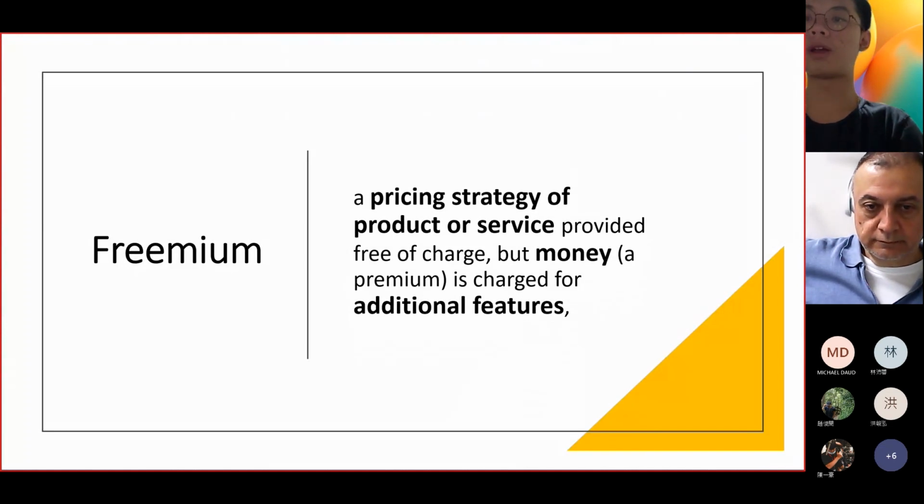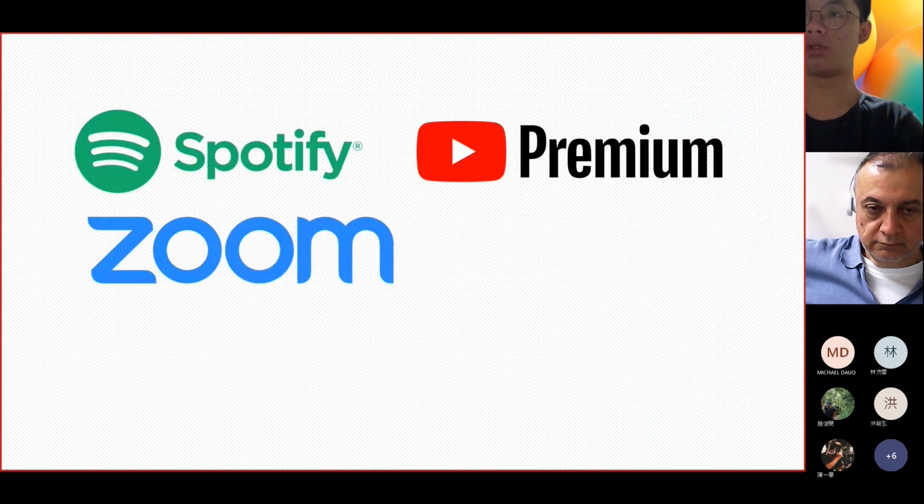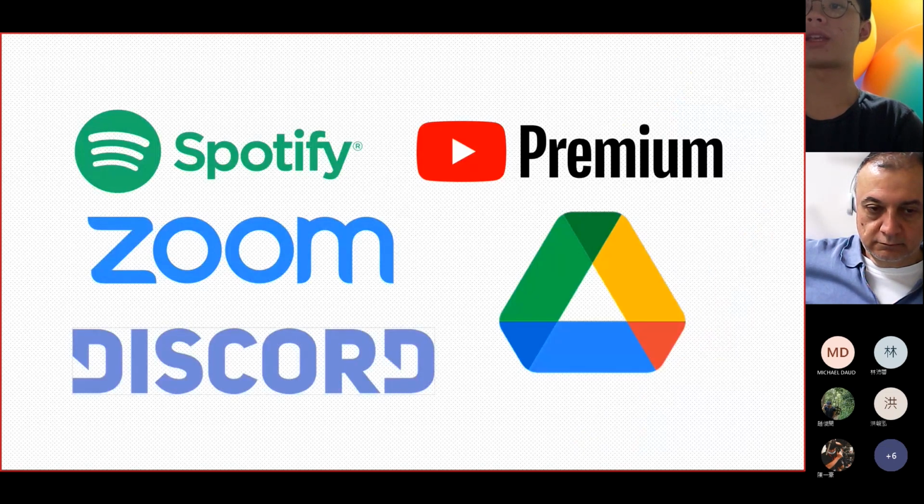The freemium business model is a pricing strategy by which a basic product or service is provided free of charge, but by paying an amount of money or subscribing to the premium version, we can expand the functionality of the free version.